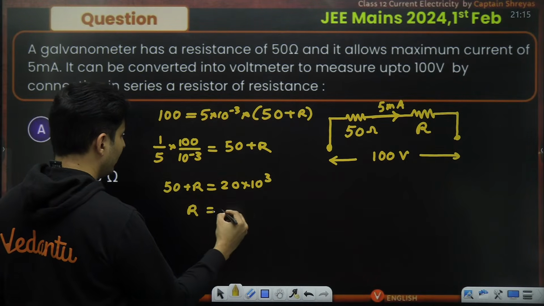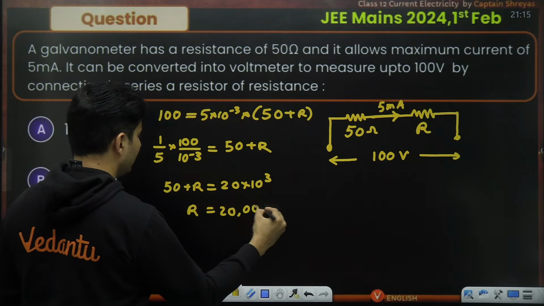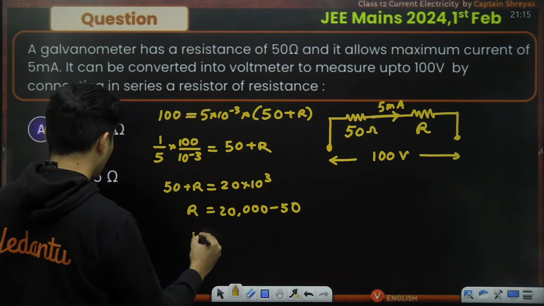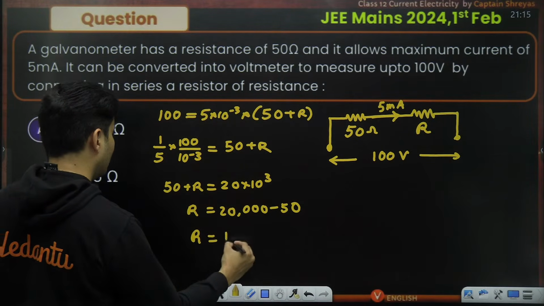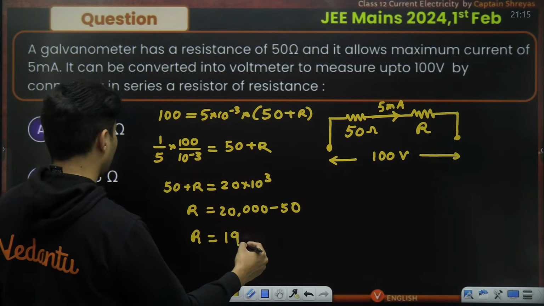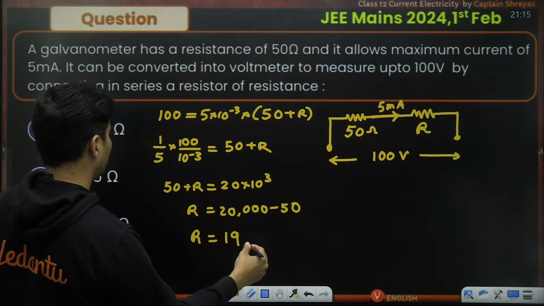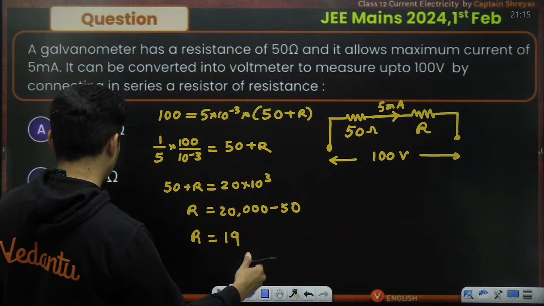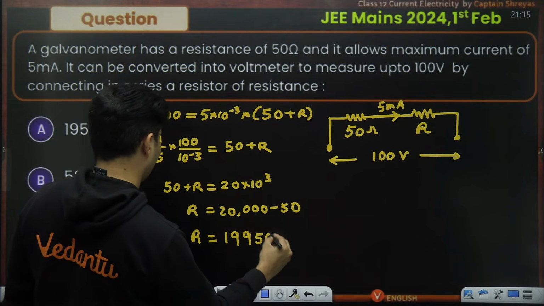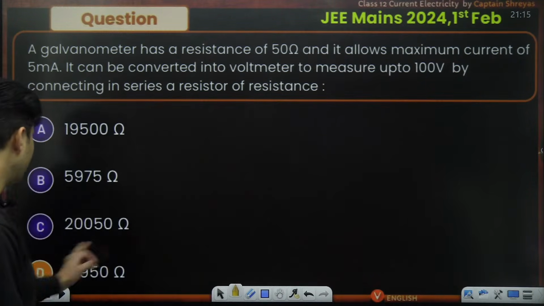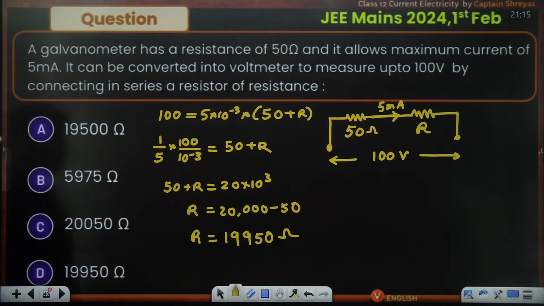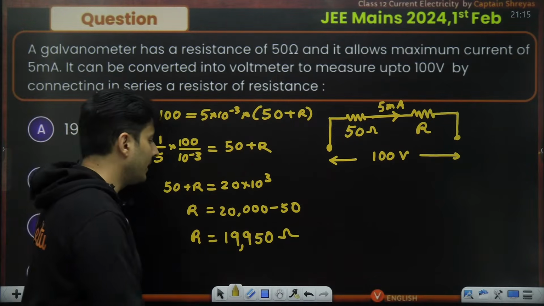Therefore, R will be 20,000 minus 50. Yes, 19,950 ohms. So which is option D. Perfect. That is the right answer.